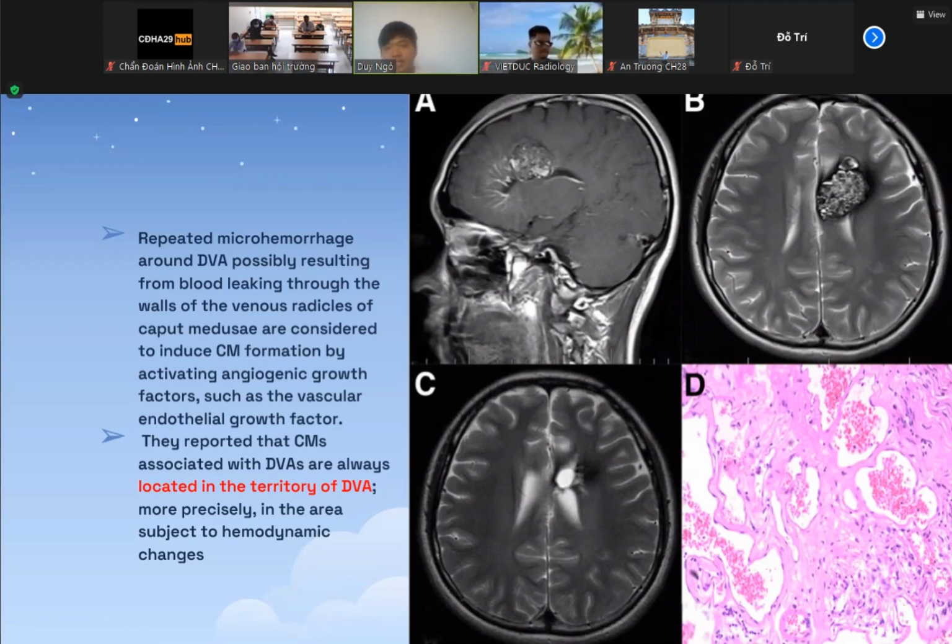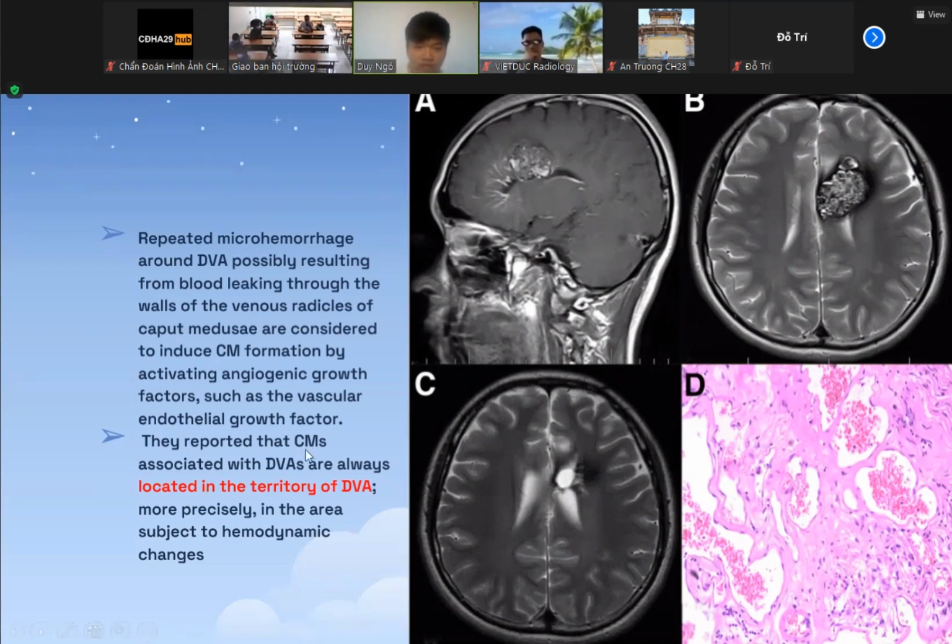The venous flow can be dilated and blood leaks through the vascular wall. When the venous blood leaks through the vascular wall, it activates angiogenic growth factors such as vascular endothelial growth factor, and produces abnormalities in the blood vessels, like cavernous malformation.